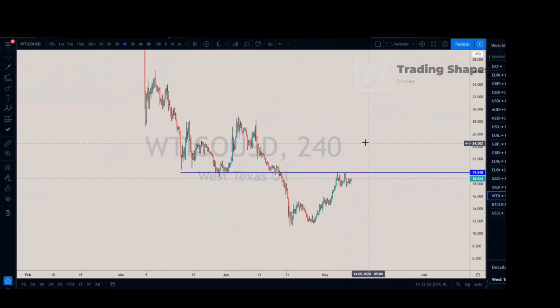WTI, as I explained, wait for direction on this one. What it did was the following. It gave us 1, 2, 3. Then it did A, B, C. Now is it going to do another A, B, C and drop?